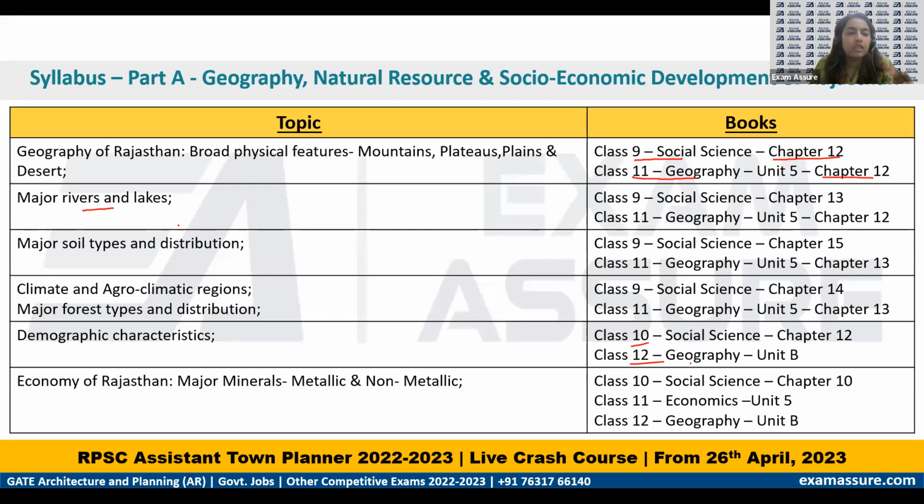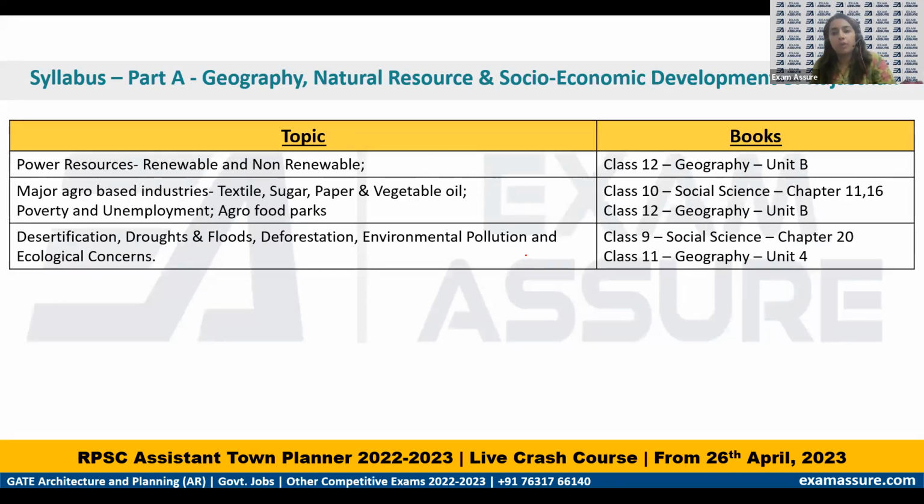For example, the rivers and lakes chapters talk in detail about which lakes are sweetwater lakes and which are saltwater lakes in the state of Rajasthan. So up to that level of detailing is given. These resources shall be more than enough for part A.